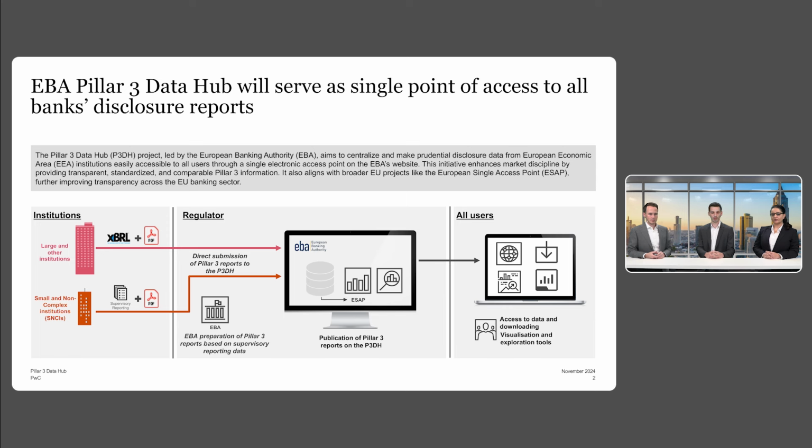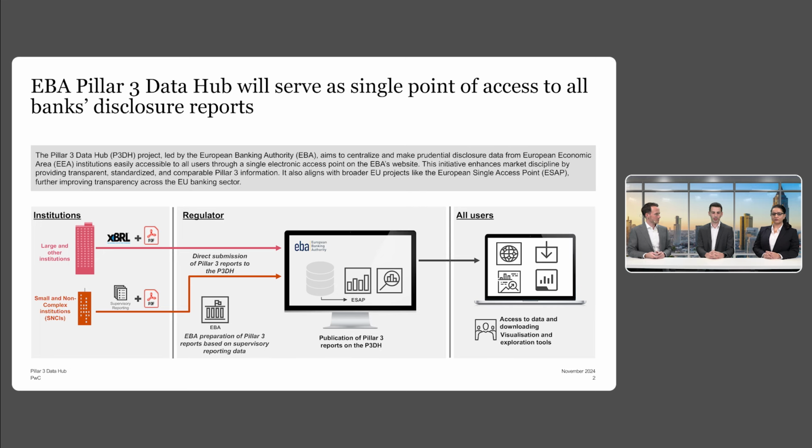What's the difference between having it on the website or having it on the EBA website? Basically, it now gives the external investor or the public complete transparency about Pillar 3 reports within Europe, because, as we have heard, all of the reports will be machine readable and accessible via the Pillar 3 Data Hub.